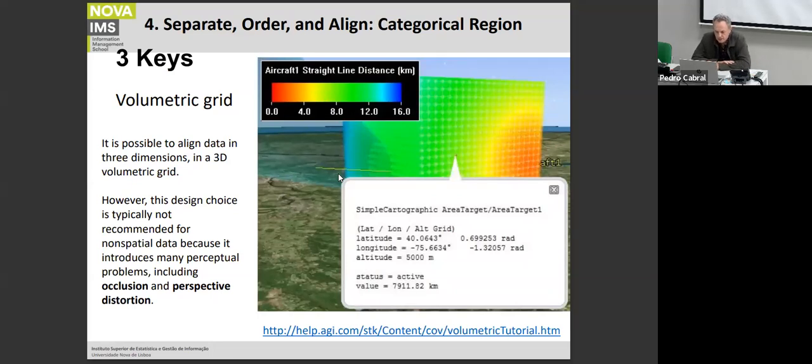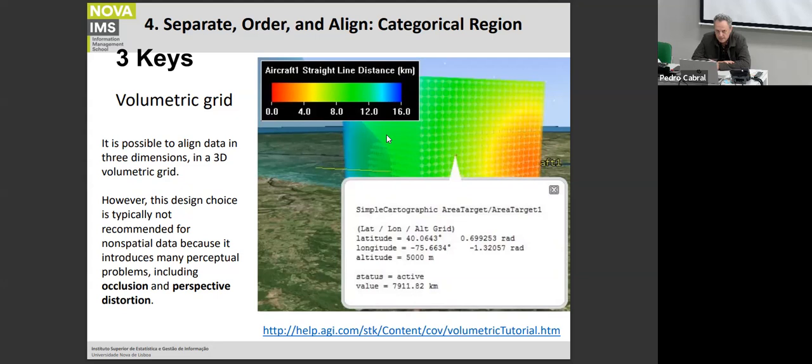Okay, we have also the possibility of creating 3D grids, okay, in which you have a volume to our cells or to our pixels according to some attribute value. For instance, maybe some of you have heard about pixels.